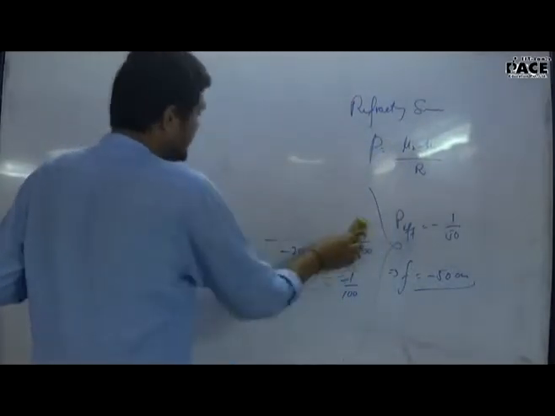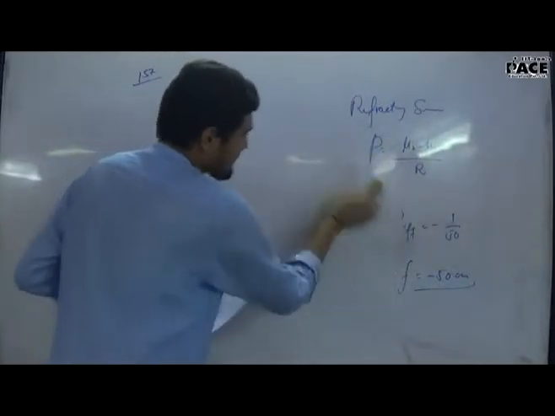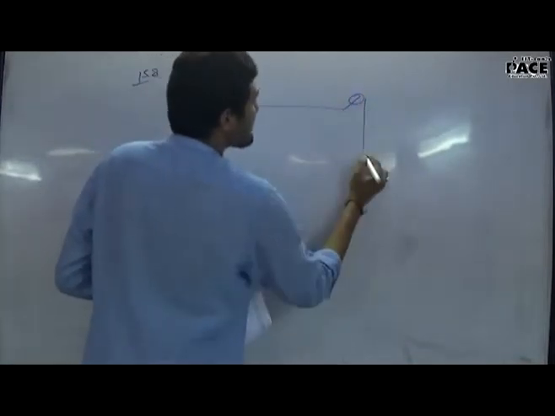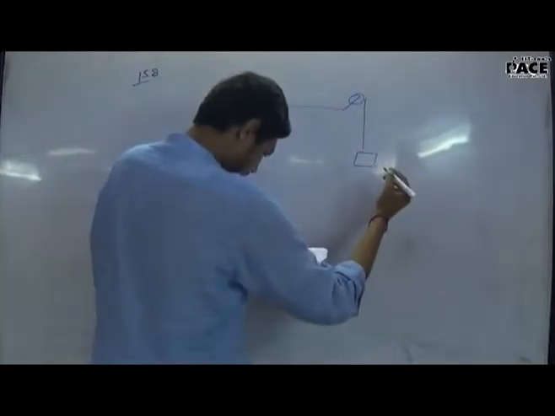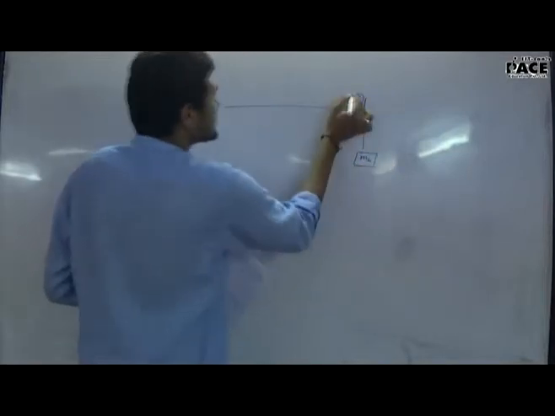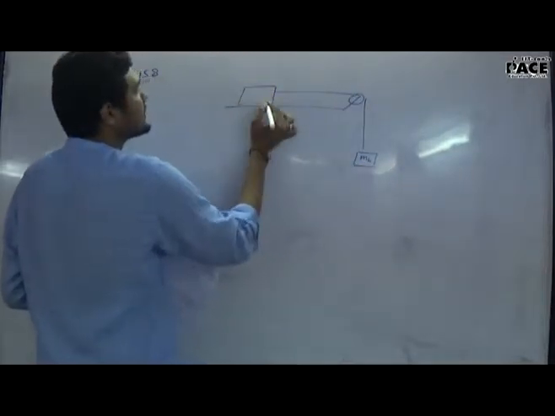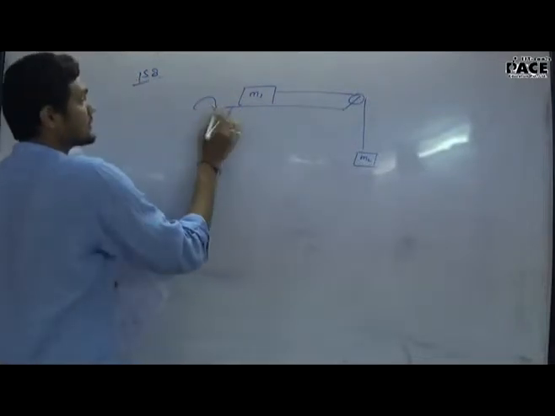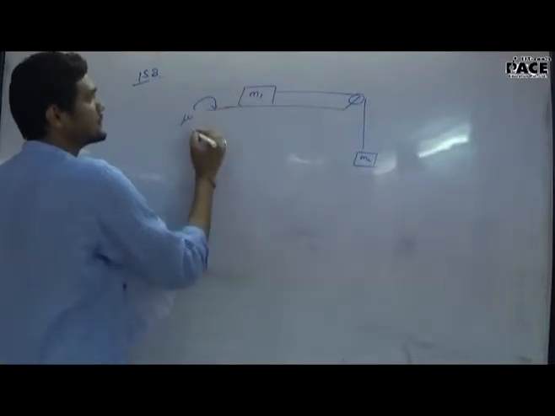For question number 158, okay, in question number 158, it's a mechanics based question. We have one block hanging with mass m2, other block put on a surface with mass m1, and the coefficient of friction of this surface is mu.